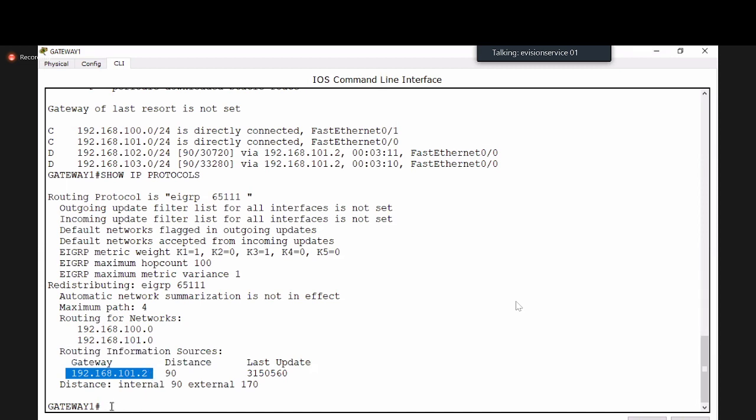You can see that 101.2 here. So this is a very useful command. Yesterday also we have seen how exactly this command gives us information about RIP configurations when we use RIP. Take the screenshot of it.